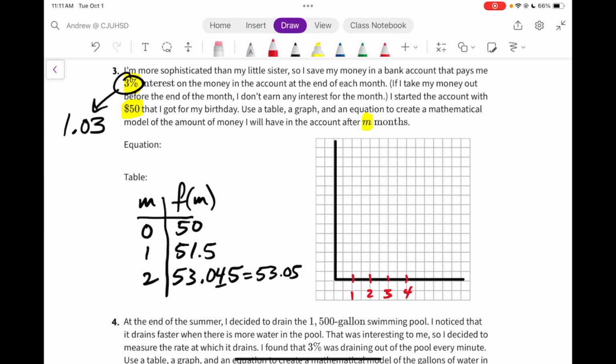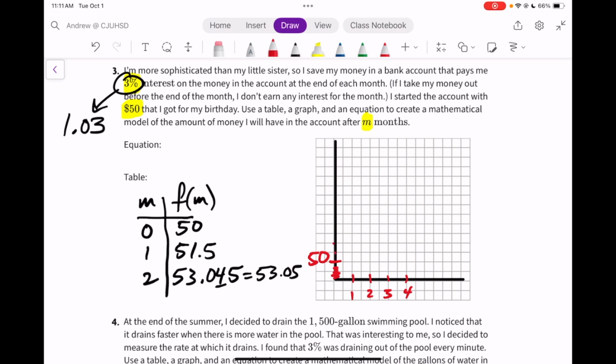Okay, so our scale can change now a little bit. For example, we don't necessarily want to start at 0 on the y, so we could start at 50 and have a little break here. And then we only have to get up to a couple dollars more, so how about every square is worth a quarter.